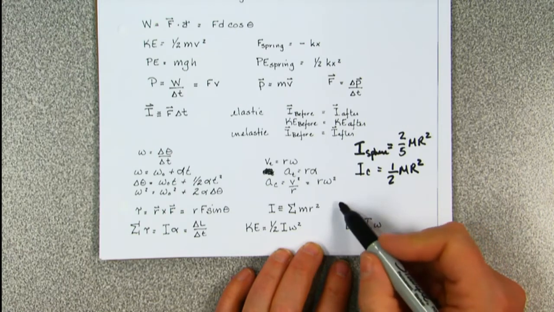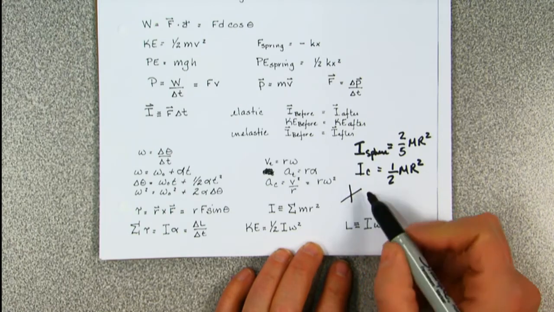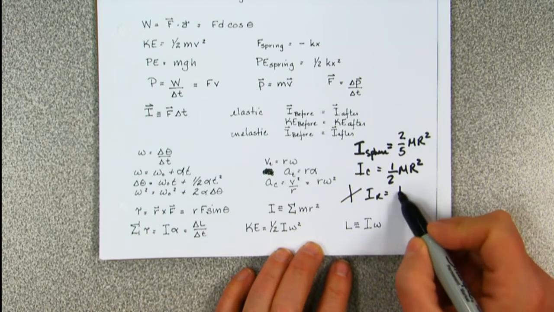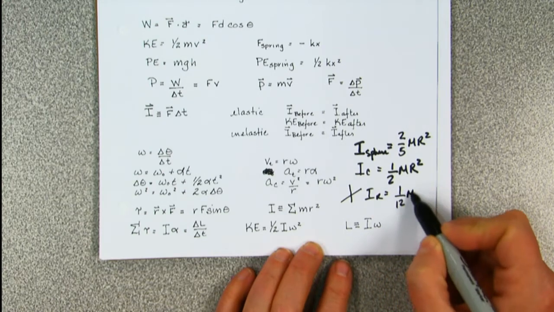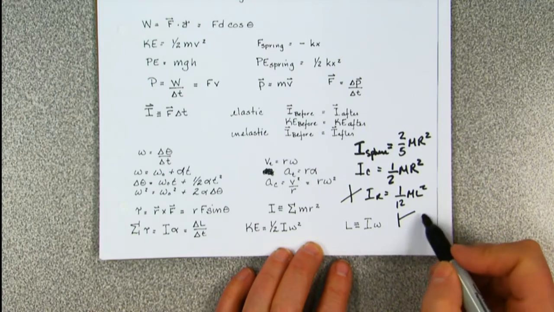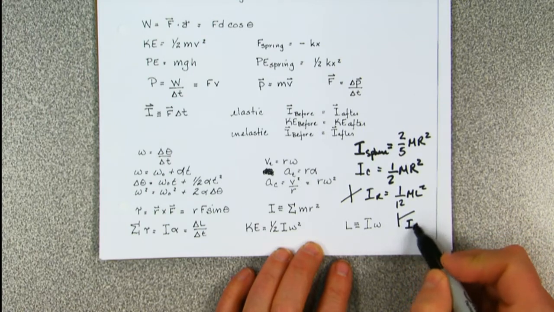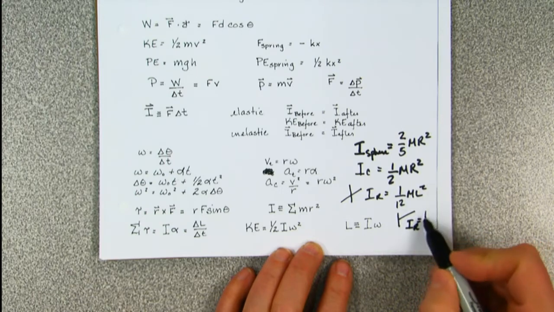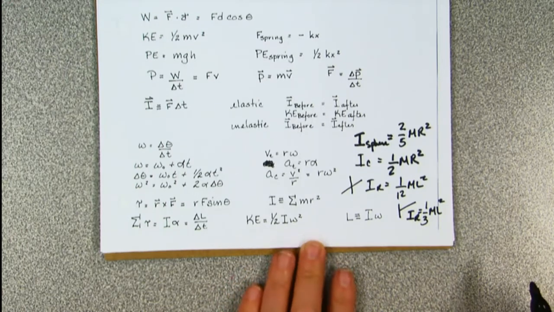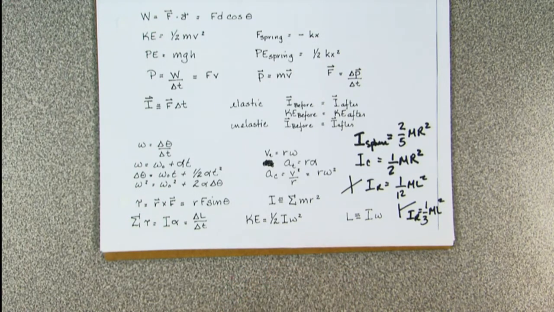And my rod, if I'm doing it about the middle, I of the rod is equal to 1/12 ml squared. And if I'm doing the rod about an end, I of the rod is equal to 1/3 ml squared. I would add those to my sheet.